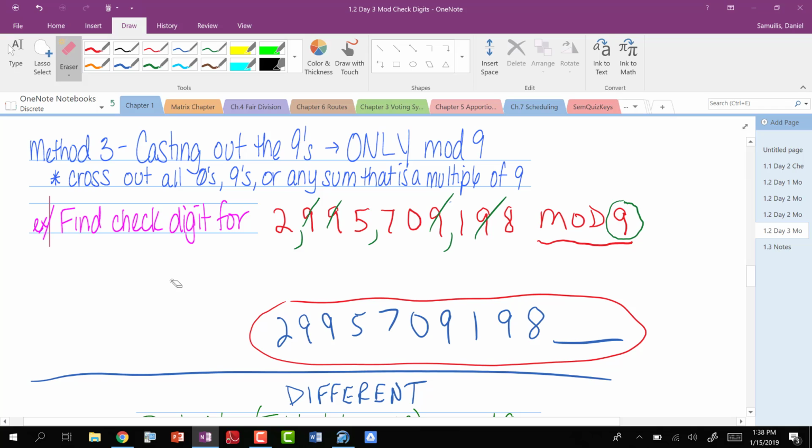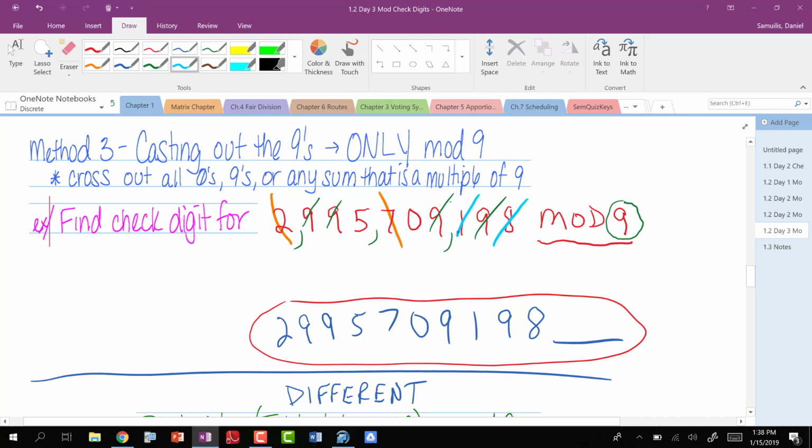But wait, there's more. Are there any other couple of numbers that, when added together, obviously equal 9? Yes. 7 and 2, and I'm going to pick a different color for that. 7 plus 2 is 9. What else? 8 plus 1, I'll get a different color for that. And I'll show you why this works.